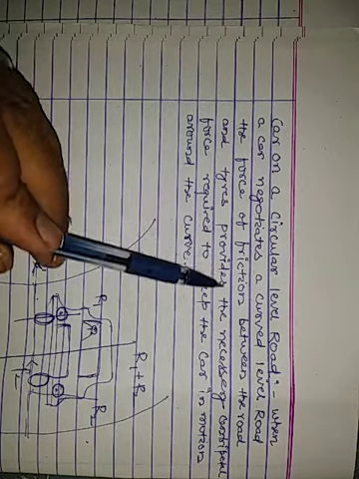When a car negotiates a curved level road, the force of friction between the road and tires provides the necessary centripetal force required to keep the car in motion around the curve.